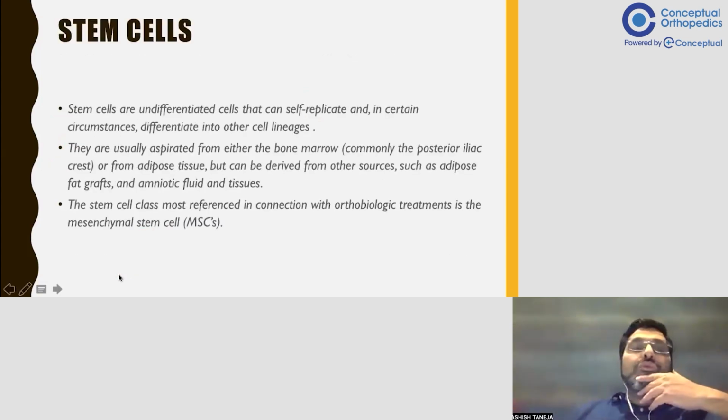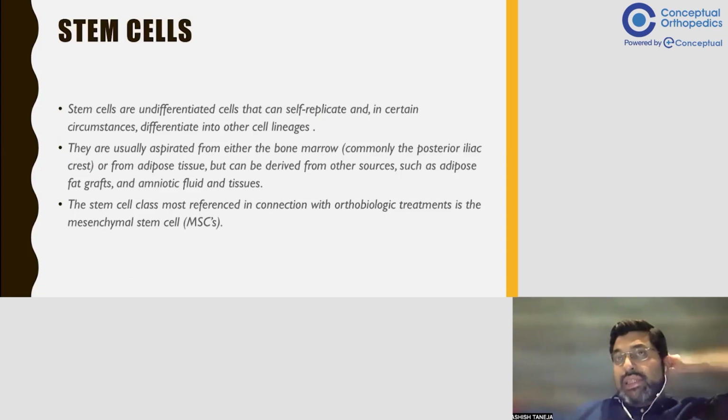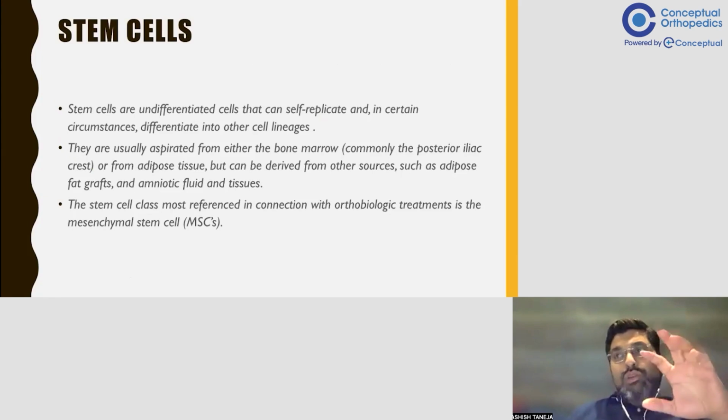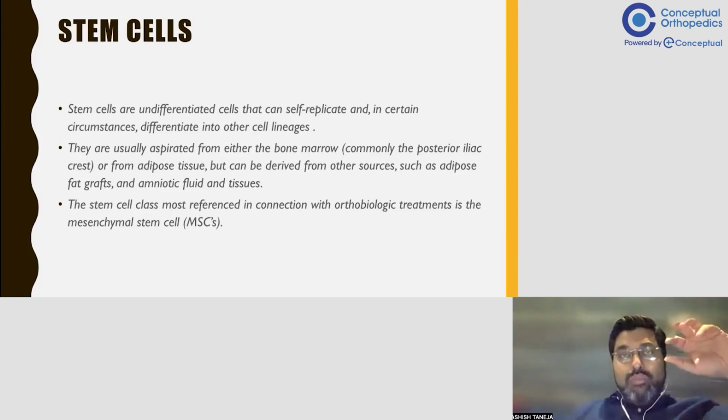Then we have to know about stem cells. Stem cells are mainly undifferentiated cells which can replicate and they can convert into different cell lineages. There are pluripotent stem cells, which means they are immature, but they can differentiate themselves into different cell lineages depending upon the surrounding. If you are putting stem cells in a bony surrounding, it will turn into osteoblast.